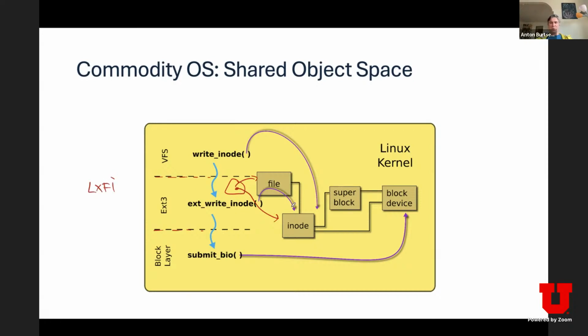LXFI would also include some kind of support for following the pointers recursively and making sure that other data structures are also passed along. So when you try to pass a pointer to a block device here, you can update the C space of this system to make sure that it has rights to access this object.